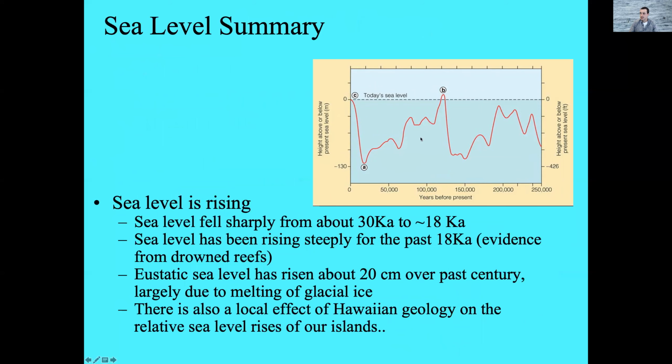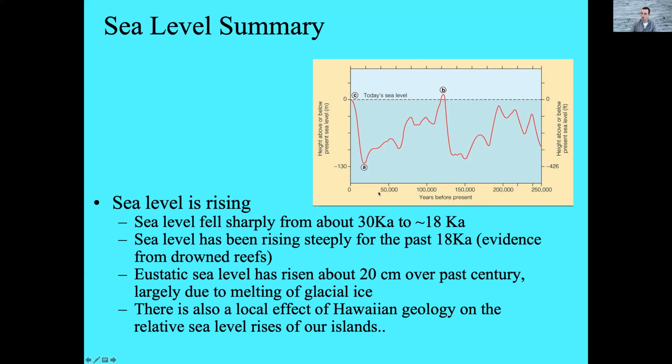So, sea level rise over the last 18,000 years or so: sea level has been rising. Prior to that, sea level was falling. C on this plot is present day. This is height above or below present sea level in meters. So sea level used to be quite a bit lower and then was higher.